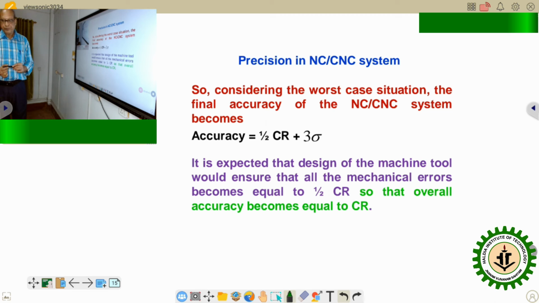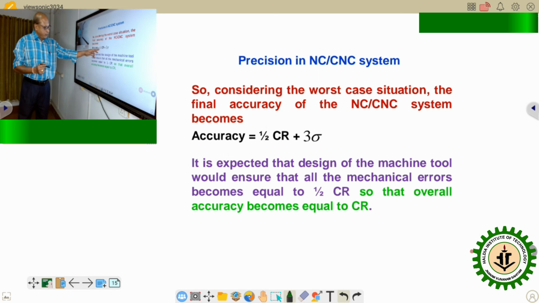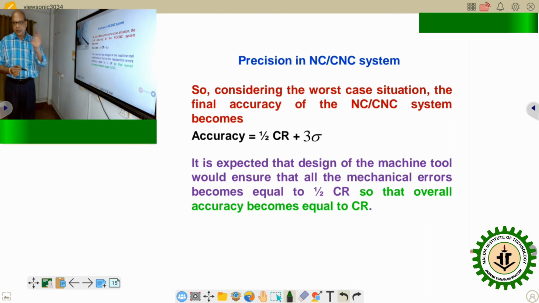Why is it so? If you consider minus 3 sigma, then from this expression it may so happen that the magnitude of half CR and the magnitude of minus 3 sigma cancel each other out, even if they are very high. Plus 5 minus 5, it will be 0. Plus 100 minus 100, 0. Plus 0.001 minus 0.001, also 0.